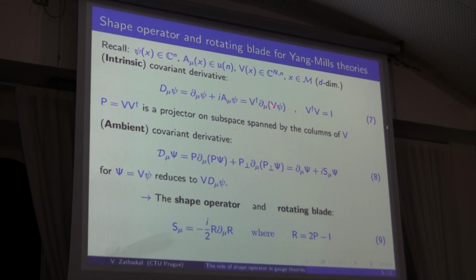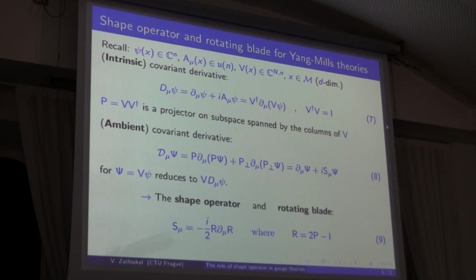The usual exposition of Yang-Mills theories, I would think of it as an intrinsic description of the bundle, which has this U(n) gauge group, and we have this covariant derivative. We know that we can find the rectangular matrix V such that equation 7 is fulfilled.